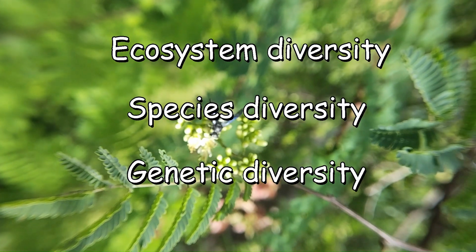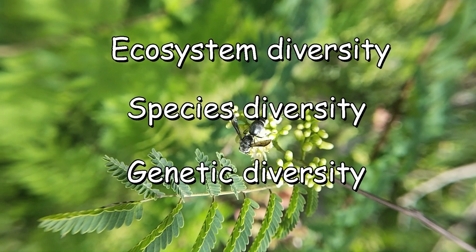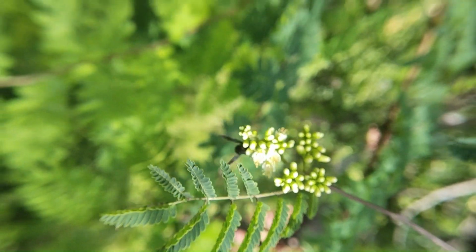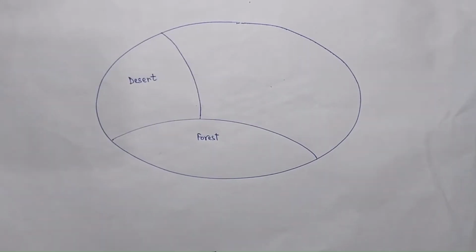So these three levels of variation can be understood by an example. So let us understand it. Suppose there is a study area, and this study area has got different ecological regions like forest, desert, grassland, and lake.